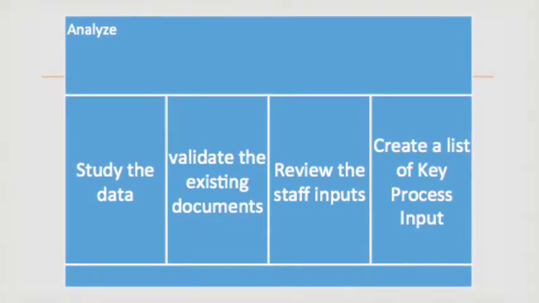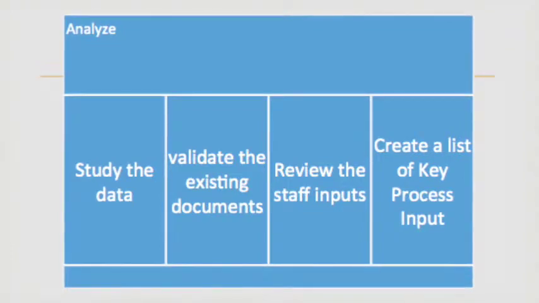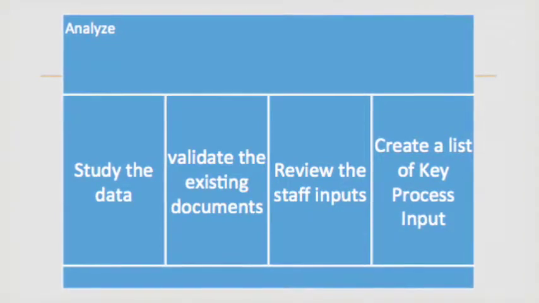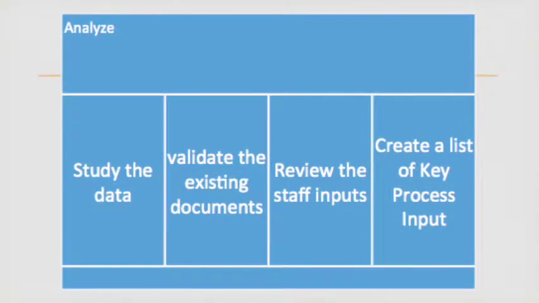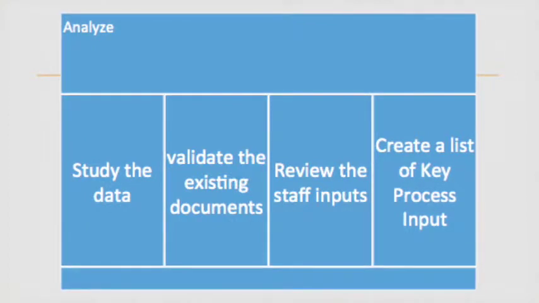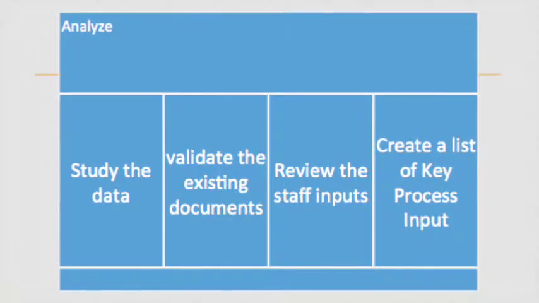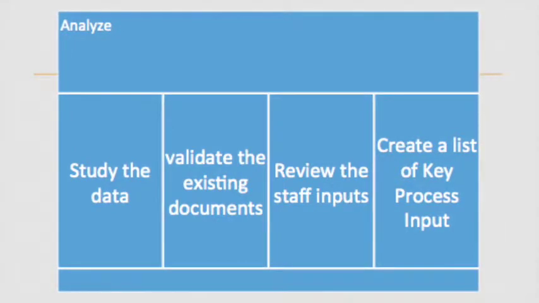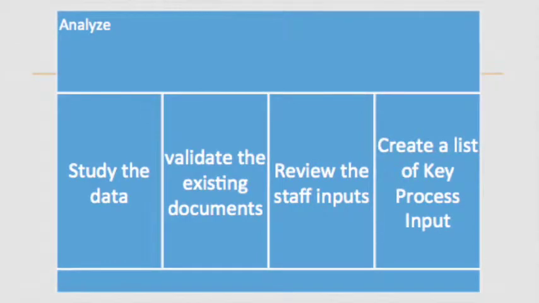In these two categories, we will compare the 1 week data with the historical data to verify trends and strong or weak participants. Next, we will review the staff input.